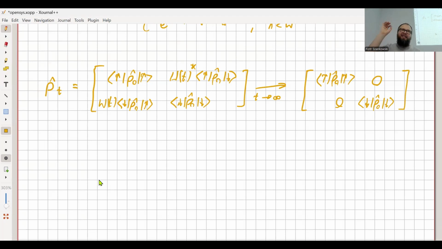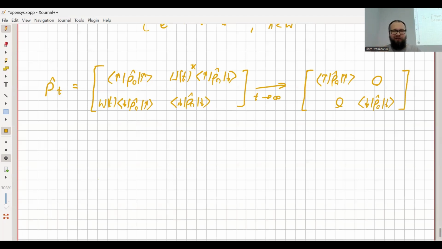Unlike unitary evolution, where if you start with a pure state you always remain pure, and if you start with a mixed state you always remain mixed to the same degree, this stochastic dynamics can turn pure states into mixed states.